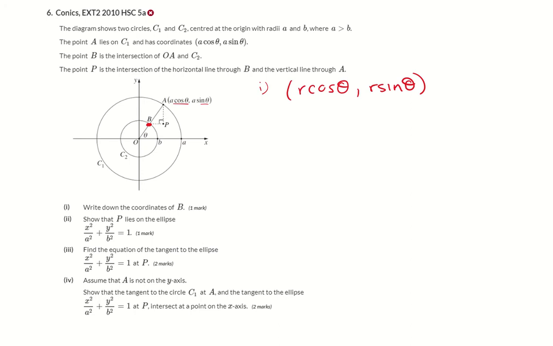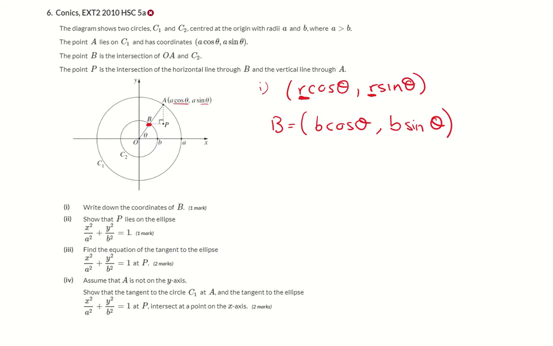Now, just thinking about this smaller circle here in particular, it has a radius of B. Okay, so it's going to be a coordinate of lowercase b cos theta and then lowercase b sin theta. And all I did was just replace my R with the radius of that circle, which is B. So there's my coordinates for B.